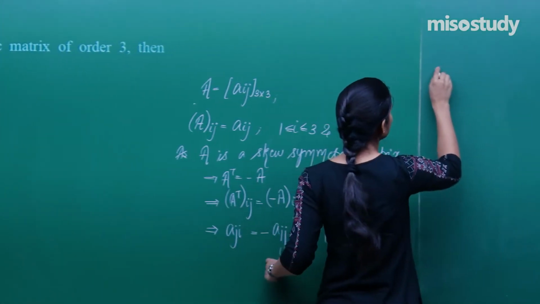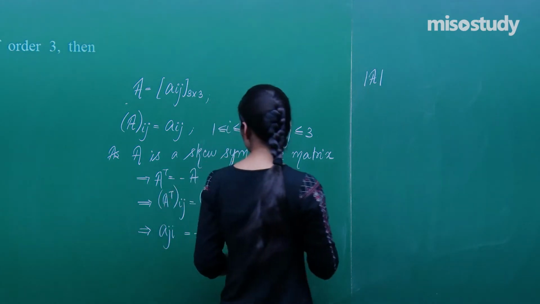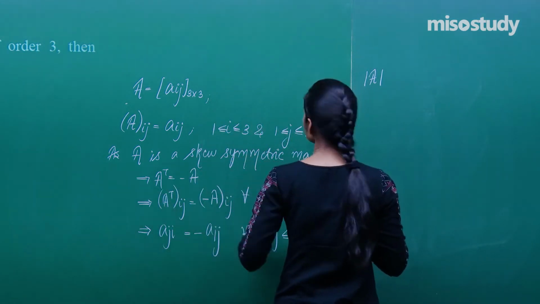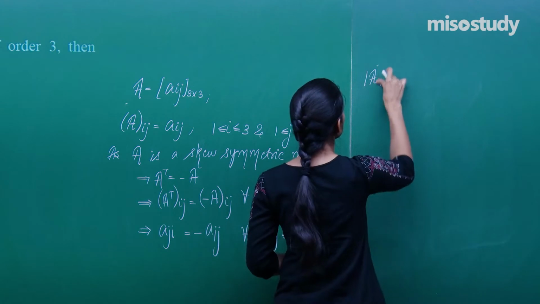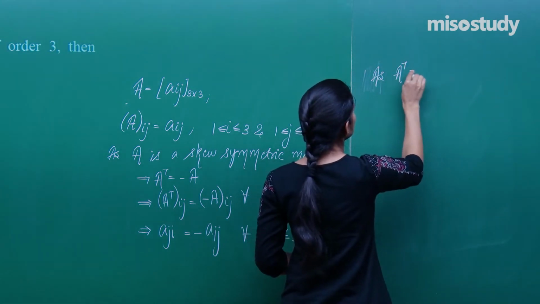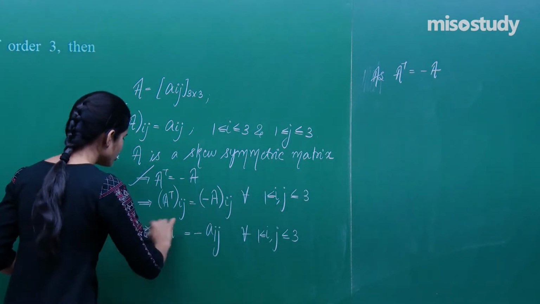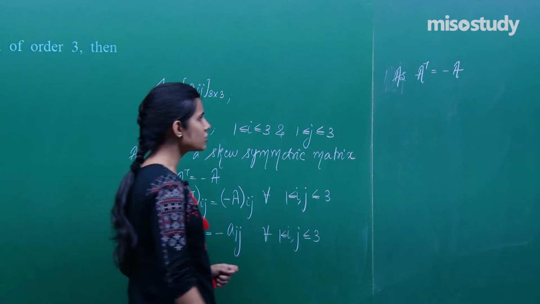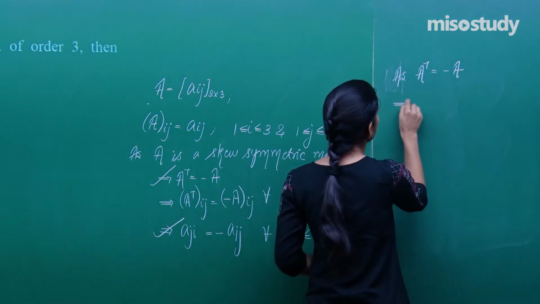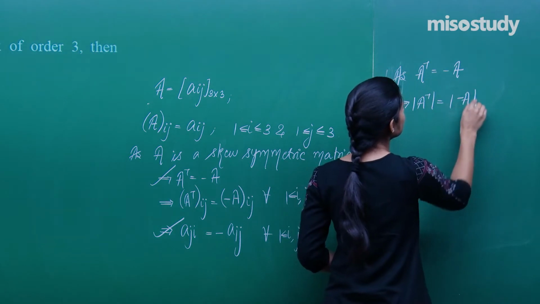If I talk about the determinant of A, A is skew symmetric, I am already given that A transpose is equal to minus A. So if A transpose is equal to minus A, not just are their orders same, not just is this the relationship between the elements of them, but also the determinant of A transpose will be equal to the determinant of minus A obviously.